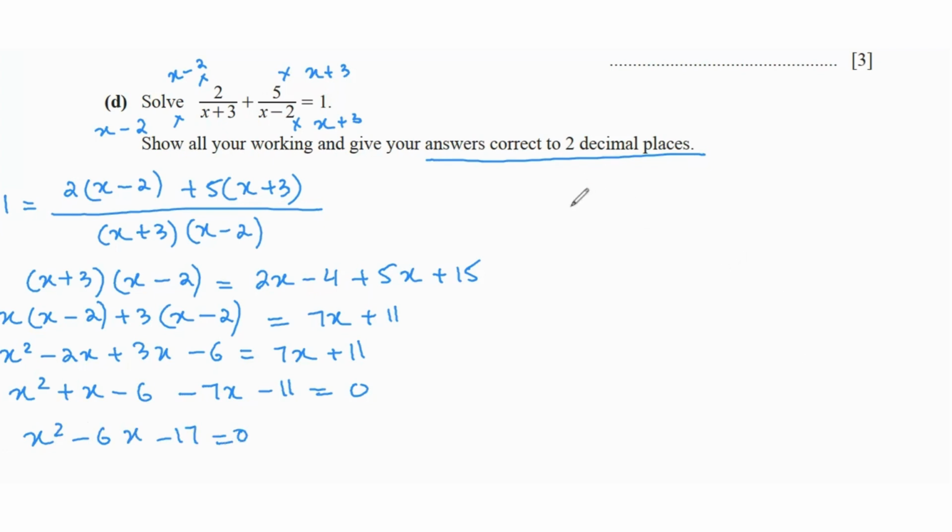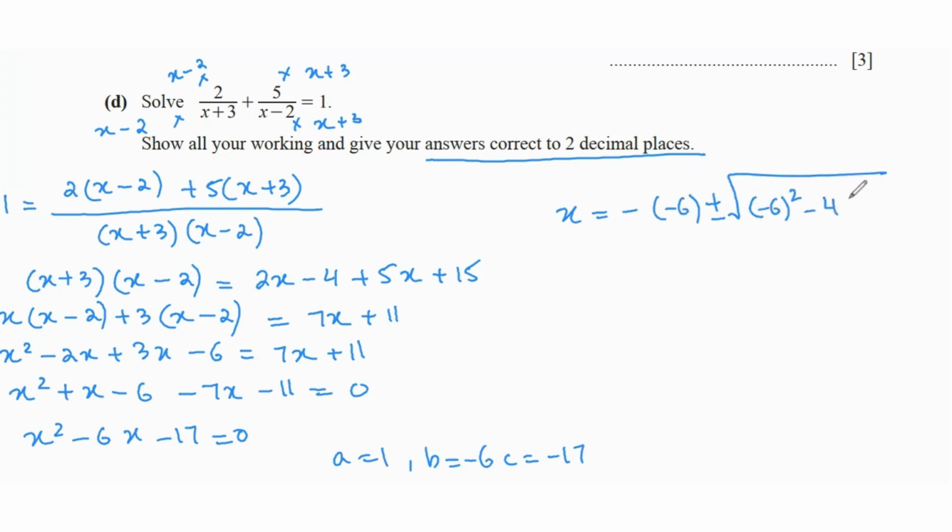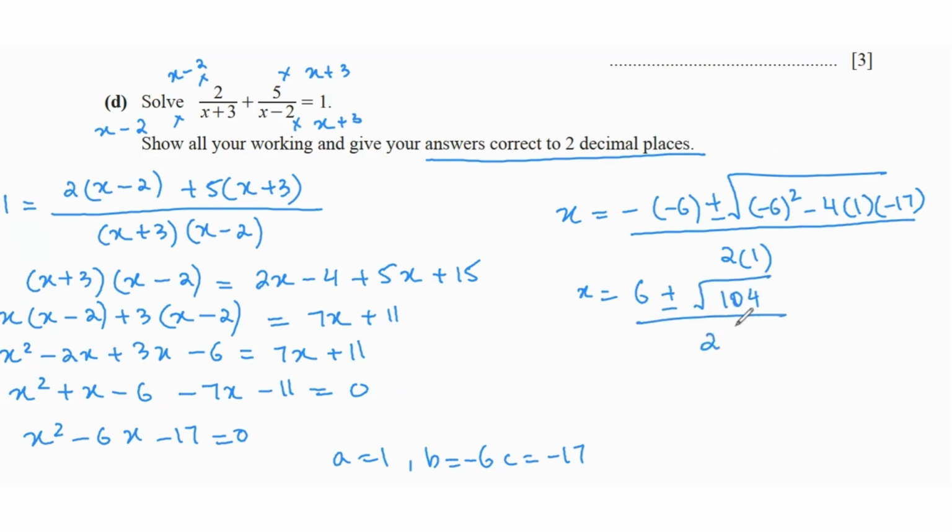So now we use the quadratic formula to find the values of x. A equals 1, B equals -6, and C equals -17. So -6 plus minus square root of -6 squared minus 4 times 1 times -17 over 2 times 1. That's going to give us 6 plus minus square root of 104 over 2.